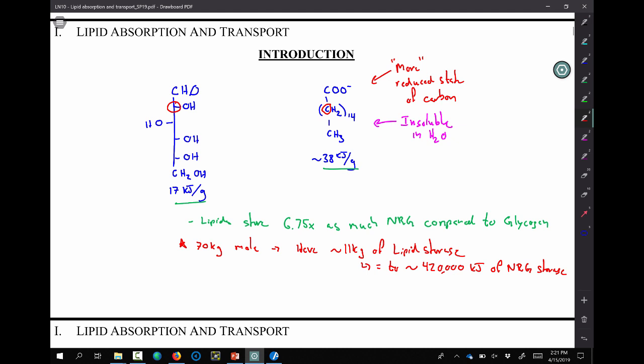Now let's compare that situation to trying to store that much energy in carbohydrates.